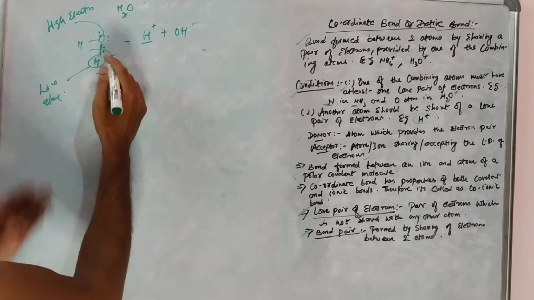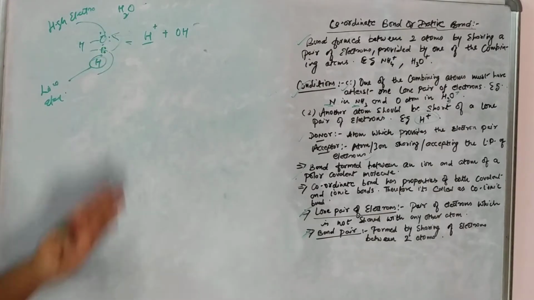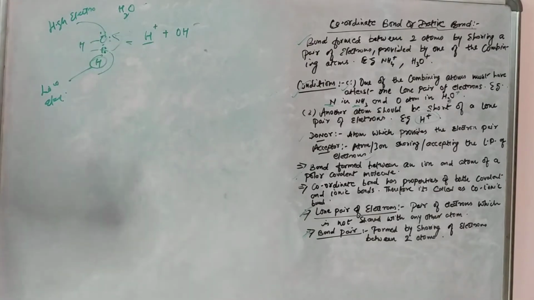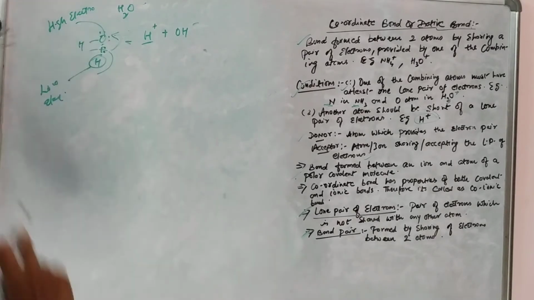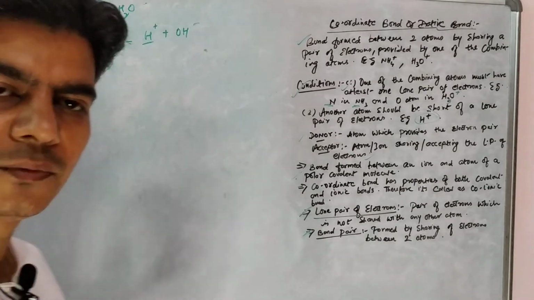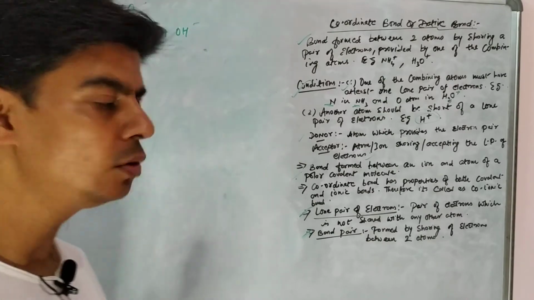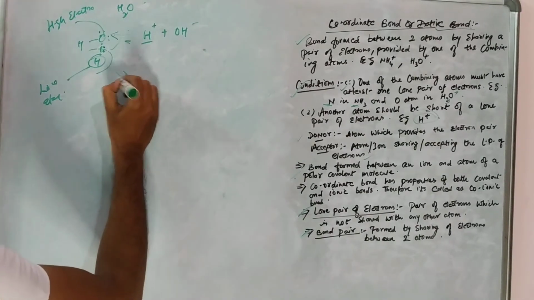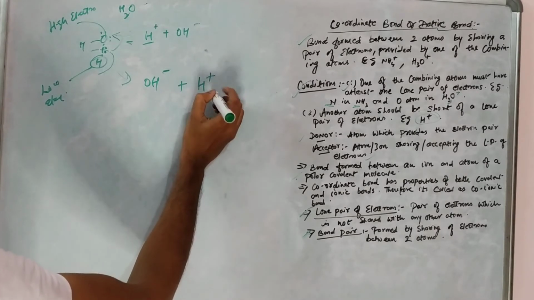So when this bond breaks, the shared pair of electrons will remain with the oxygen atom, thereby giving it a negative charge. And the hydrogen atom, since it has less electronegativity, will dissociate into a positive ion, right? So OH minus plus hydrogen ion, right?